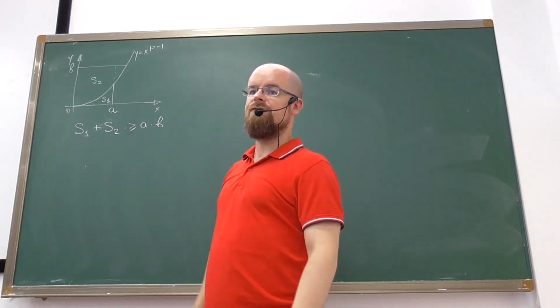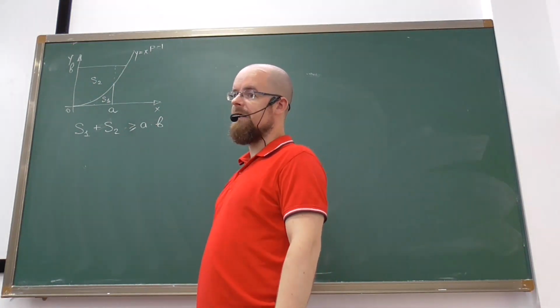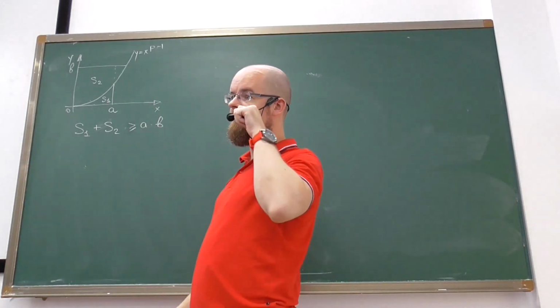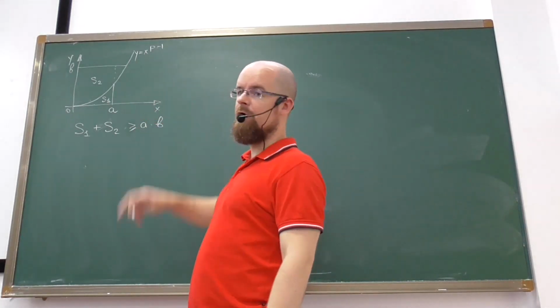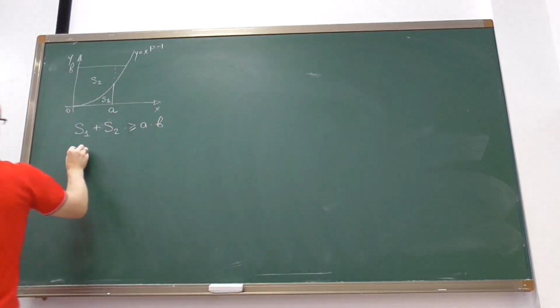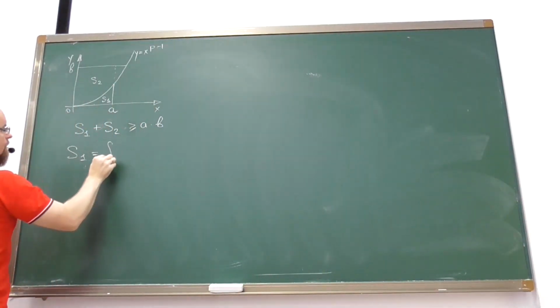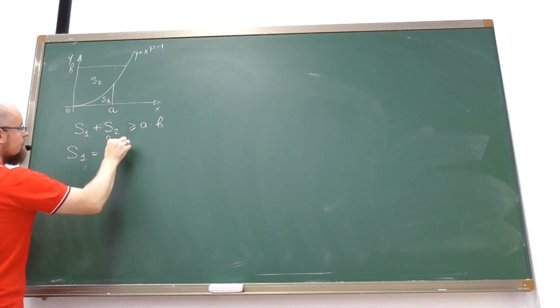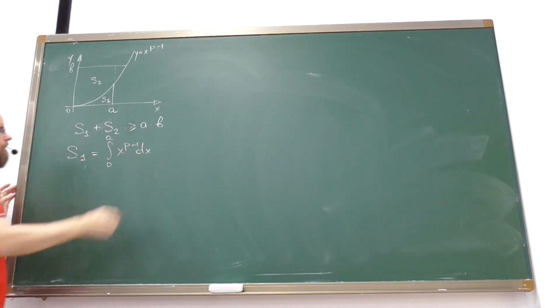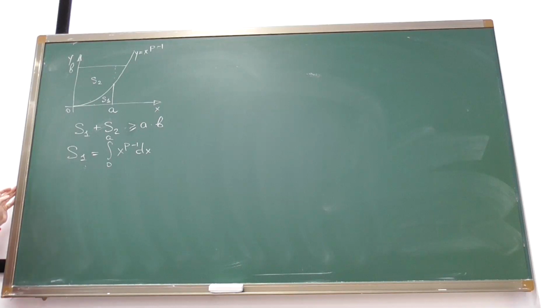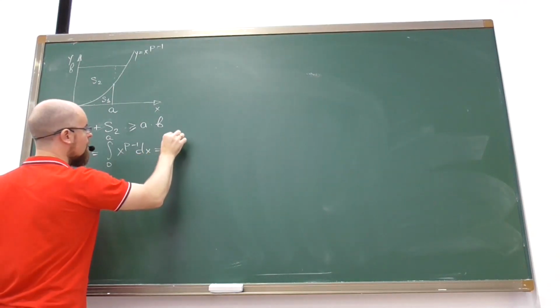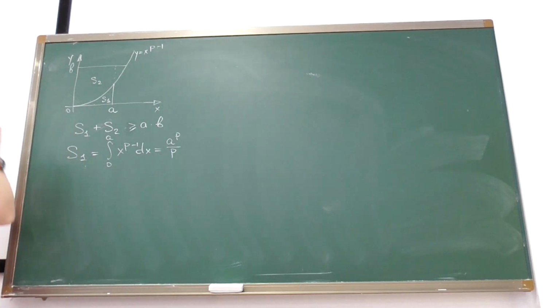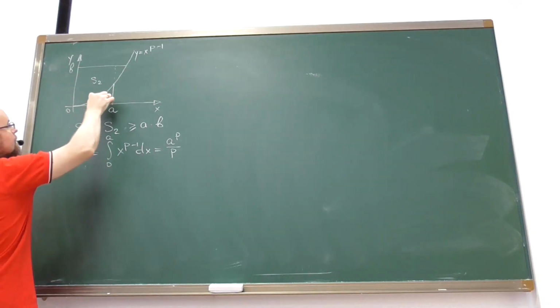Now let's try to express S1 and S2 in terms of a and b. Well, S1 is the area below the graph. So S1 is then an integral from 0 to a of our function, which is nothing but a to the power of p over p. So this is the area below the graph.